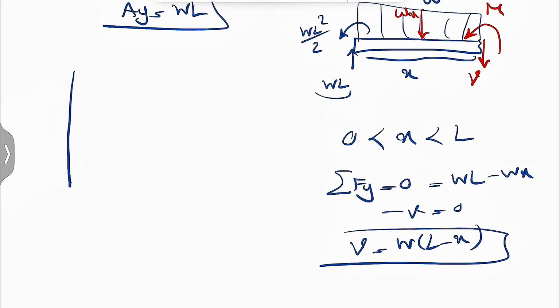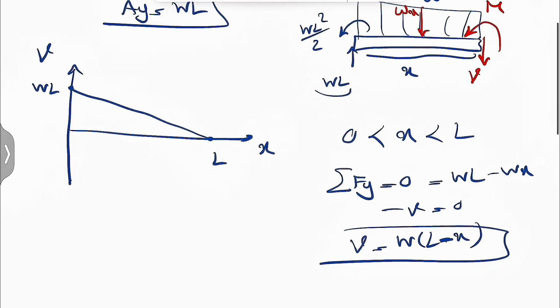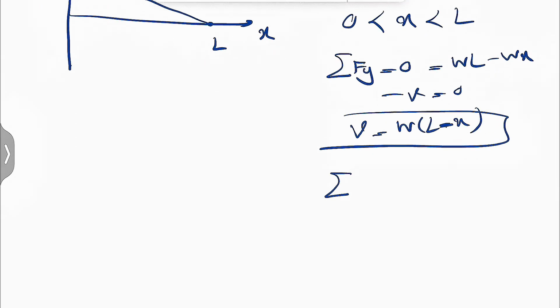So let's just draw the diagram here. We have V over X, and as we can see, if we put X equals 0, we're going to get WL, that's our starting point. If you put L, we're going to get to 0, and we have a linear curve with a negative slope. We can see that it has a negative in the back, so this is going to be our diagram for the shear force.